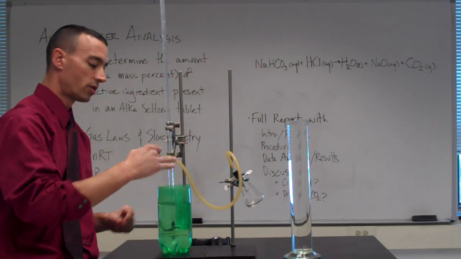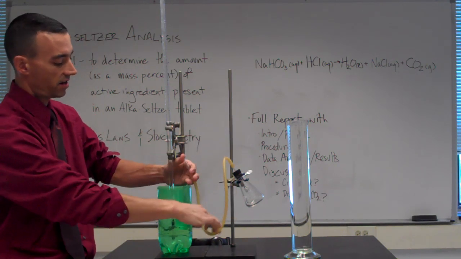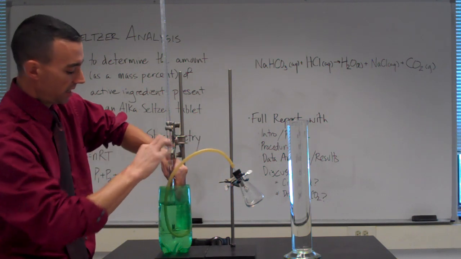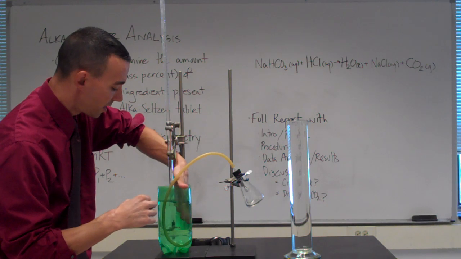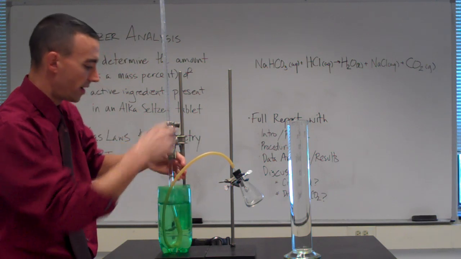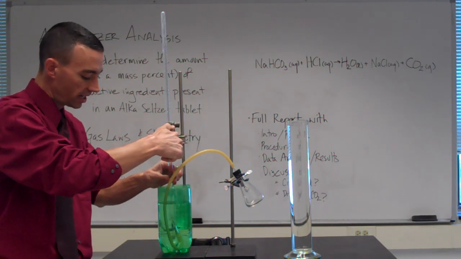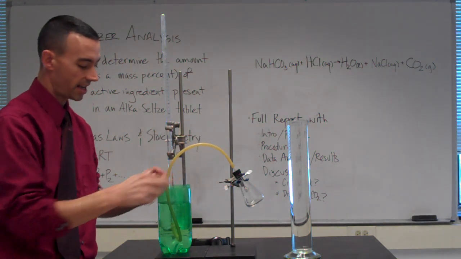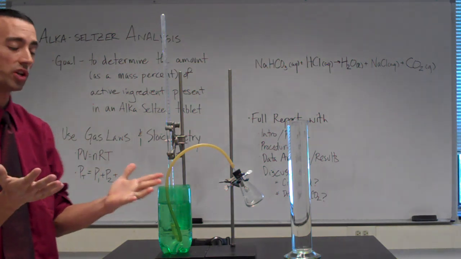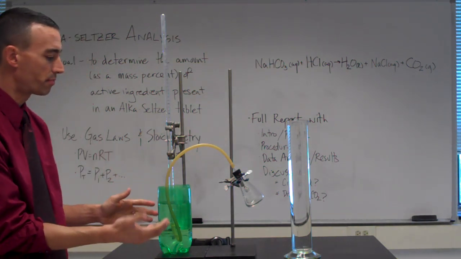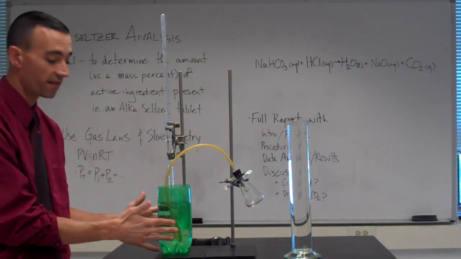And then I'm going to quickly try to put my finger on the tip, down in, and slide it right up into the gas buret. And then I can re-lower the gas buret that way. Okay. And then I would have to dry off my hands. Wash them off because you have been putting them into an acidified environment.